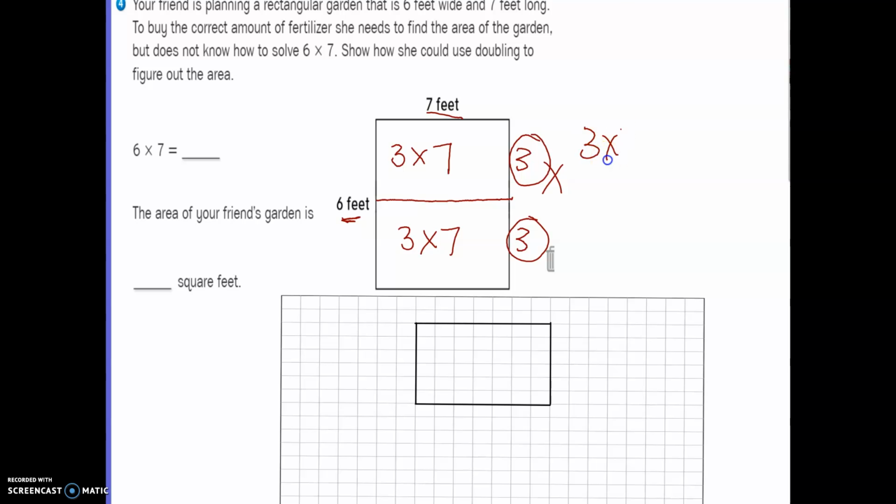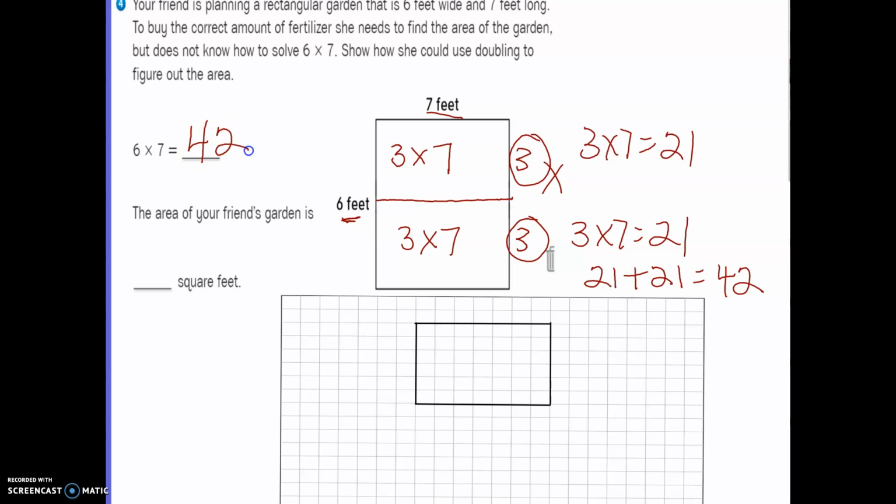So 3 times 7 equals 21, and 3 times 7 equals 21, and 21 plus 21 equals 42. So 6 times 7 equals 42, and the area of your friend's garden is 42 square feet.